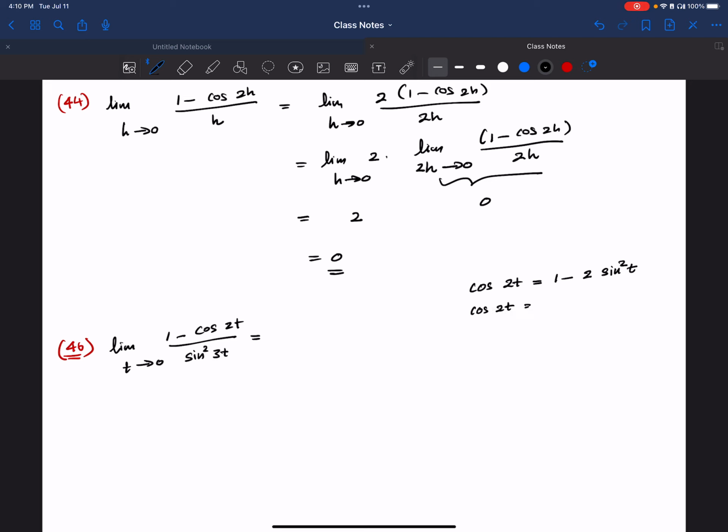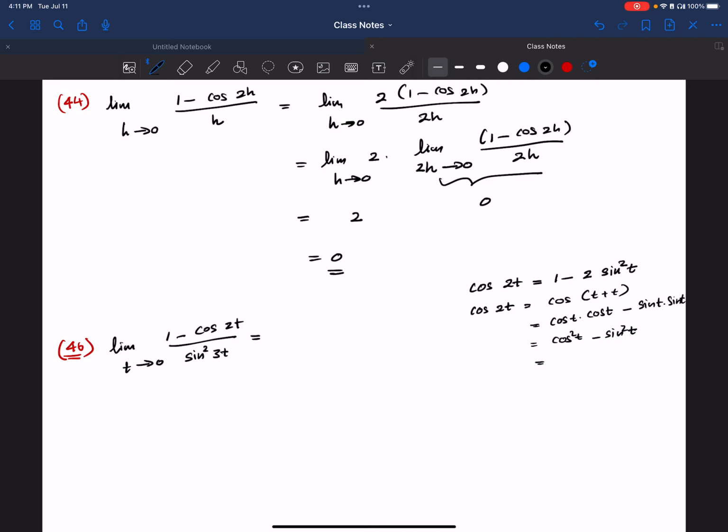This comes from cosine 2t is equal to cosine of t plus t, and I can write this as cosine t times cosine t minus sine t times sine t. And this is cosine squared t minus sine squared t.